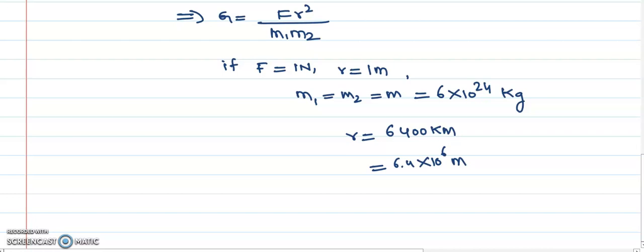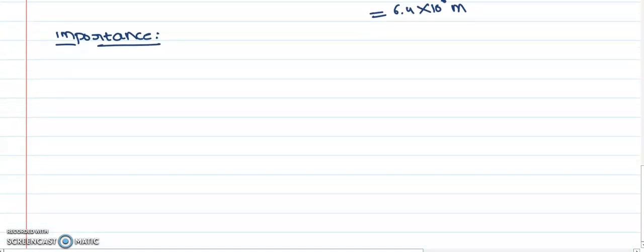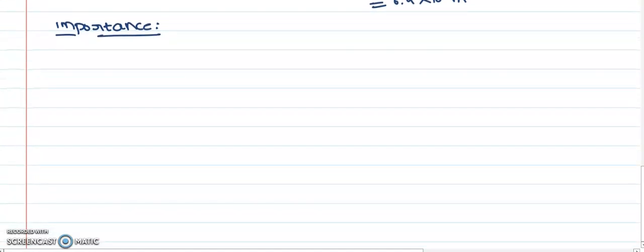So what is the importance of the universal law of gravitation? It successfully explained several phenomena which were believed to be unconnected.